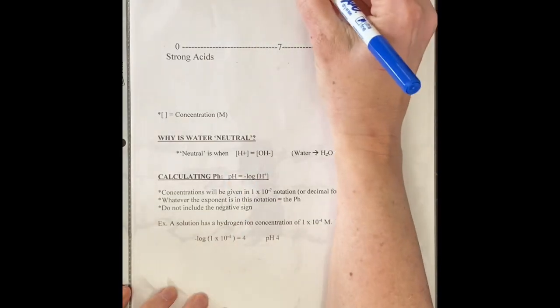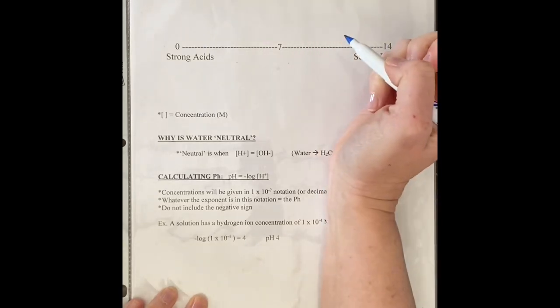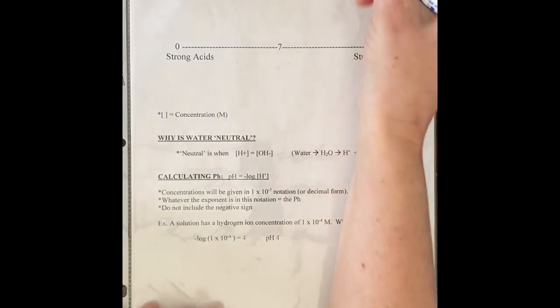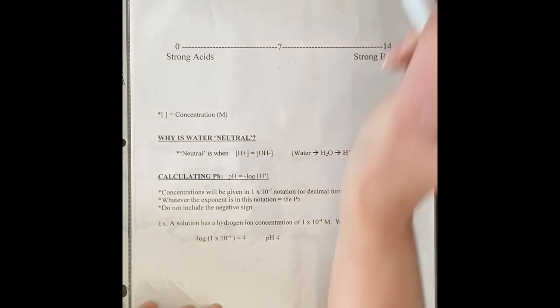In the Arrhenius theory, the hydrogen ion is what was present in an Arrhenius acid. We looked for that H+. In the Bronsted-Lowry theory, we talked about the hydrogen ion or proton, being donated or accepted, given away or picked up by something else. So we're back at this hydrogen.